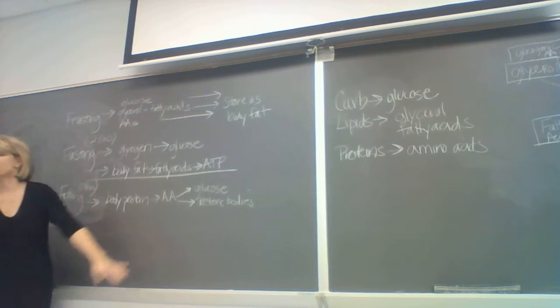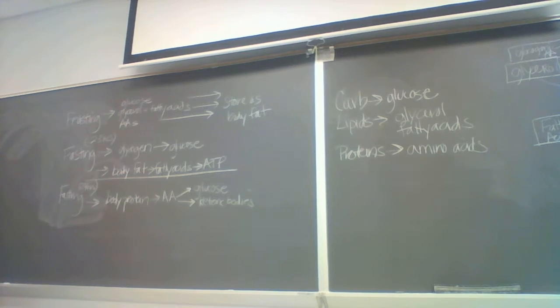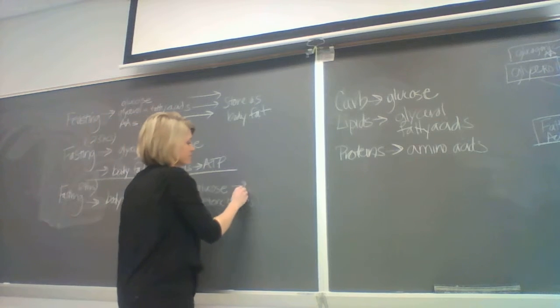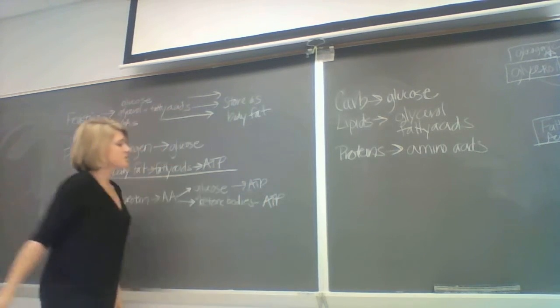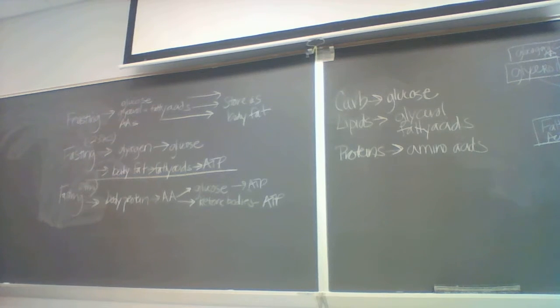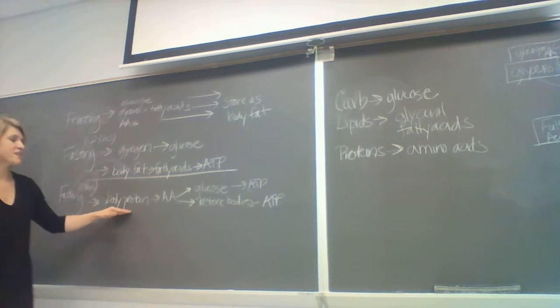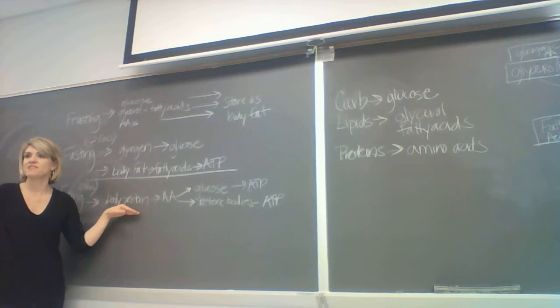And your body breaks down those ketone bodies to get energy for other cells in the body. When your body does that, you're in a state of ketosis, which is a very acidic state. It's not a place your body likes to be. Your body doesn't like breaking down protein to get glucose. It's doing it as a survival mechanism. Okay.